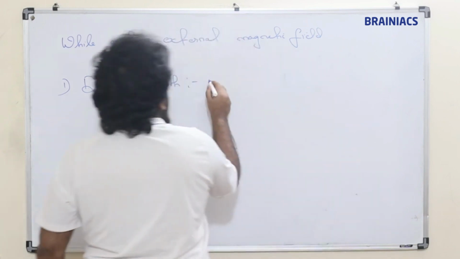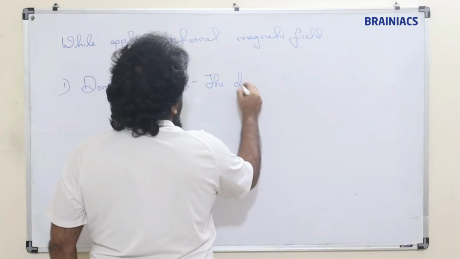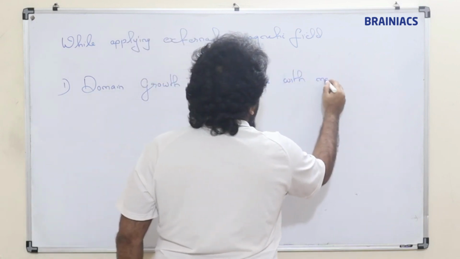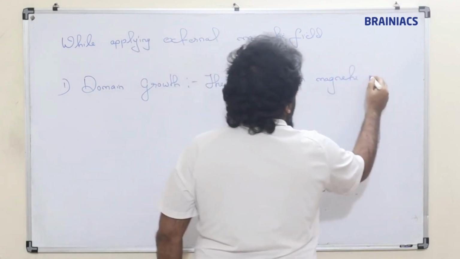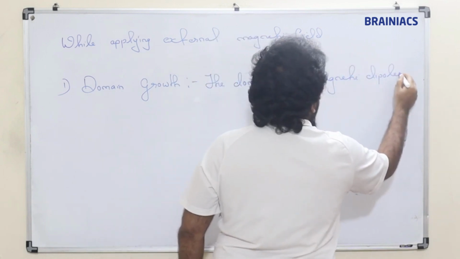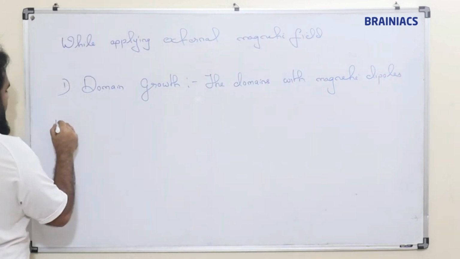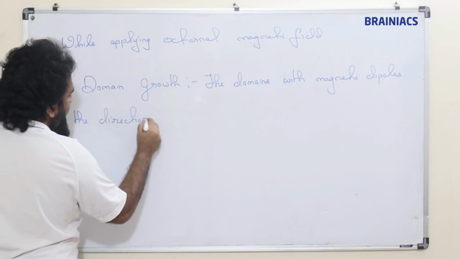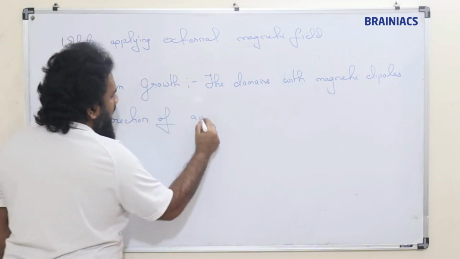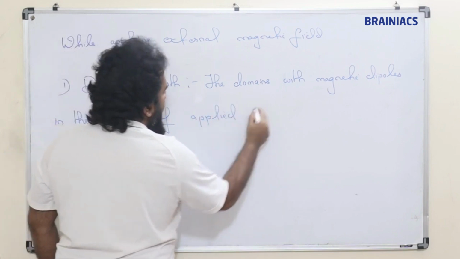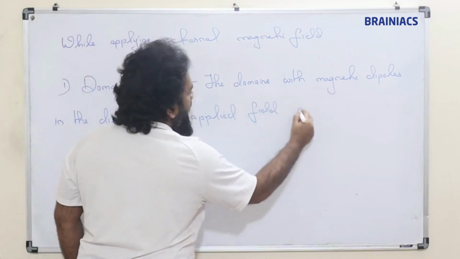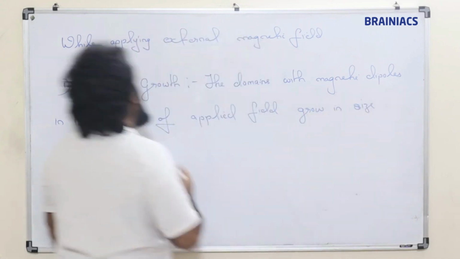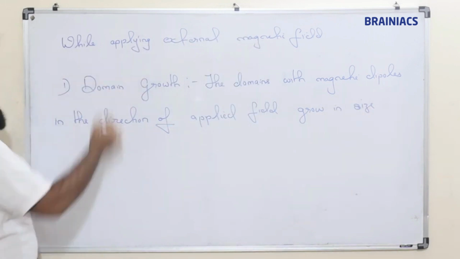So the domains with magnetic dipoles in the direction of the applied field grow in size. This is what happens when we apply an external magnetic field.